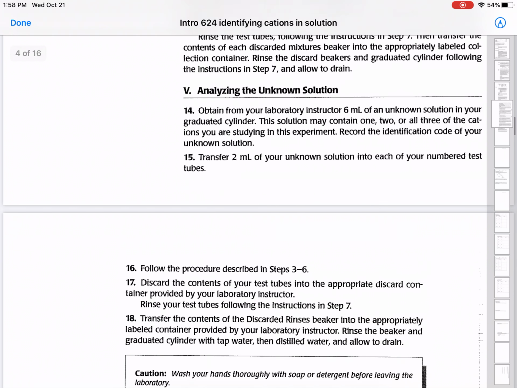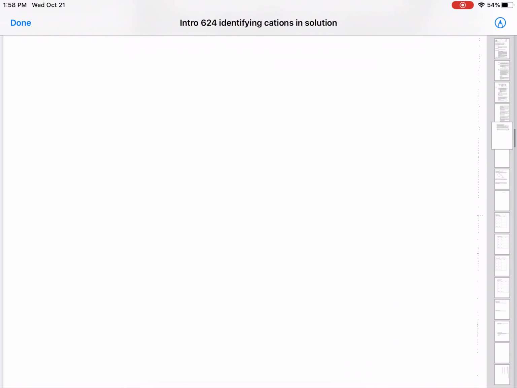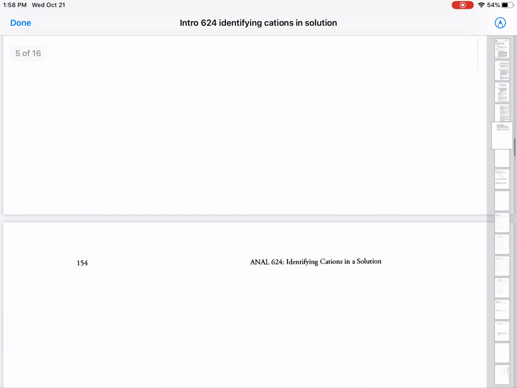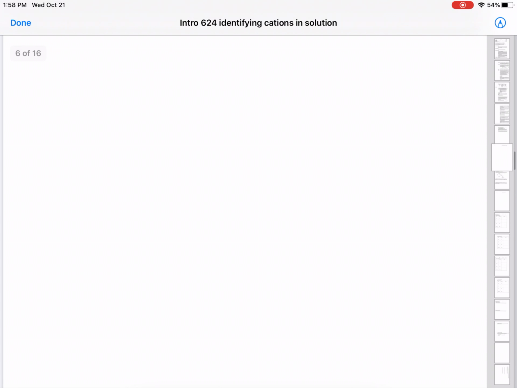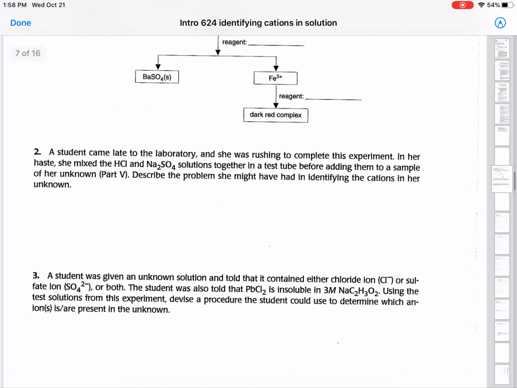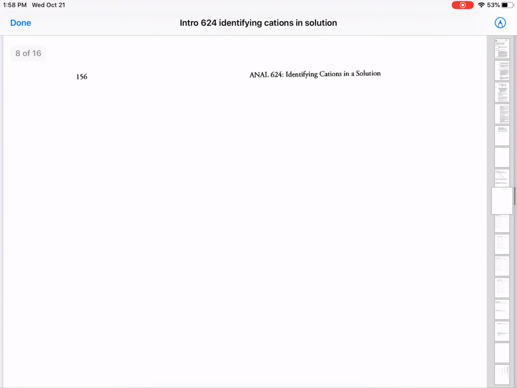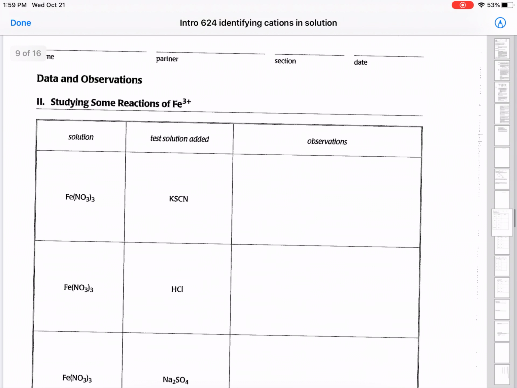Okay, so I'm not going to go into detail as to how this is being done, since you can read it and understand, but I will help you with some post-lab questions. Let's go ahead and see how we can write down the equations.